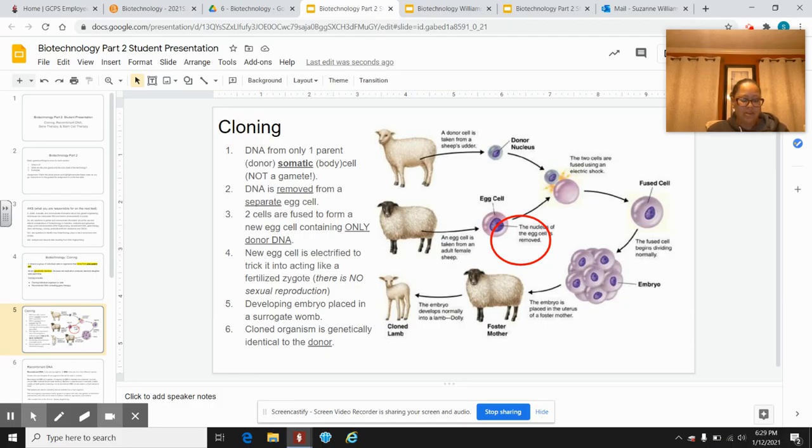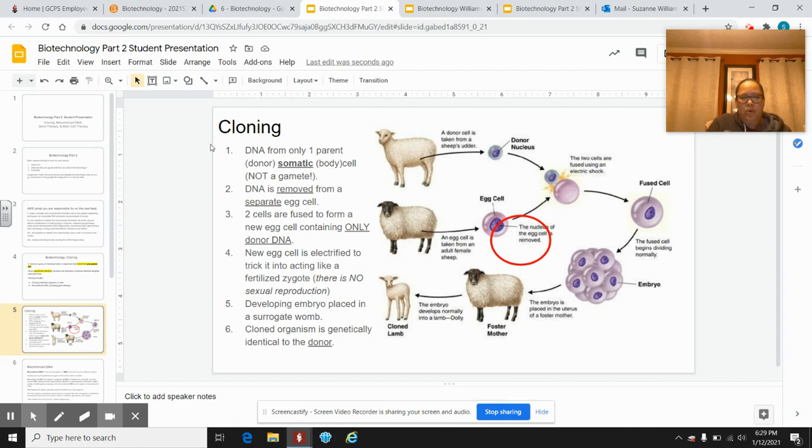Remember that Dolly's cloning was significant, not because she was a clone, because they had done that already, but because she came from an adult body cell. Okay, so she came from a sheep's udder, which is the mammary gland, an adult body cell, not an egg.